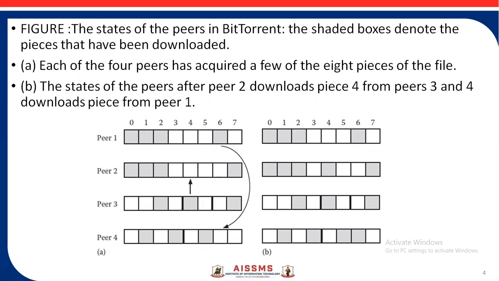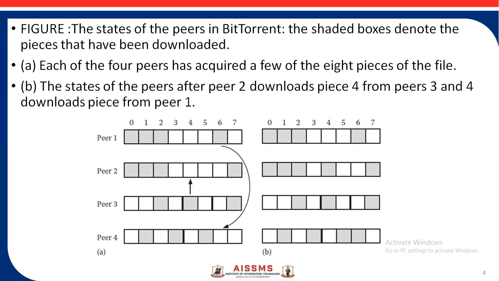In this figure, you can see the different states of peers in BitTorrent. The shaded boxes denote the pieces that have been downloaded, and the black and white boxes denote the pieces not downloaded yet.